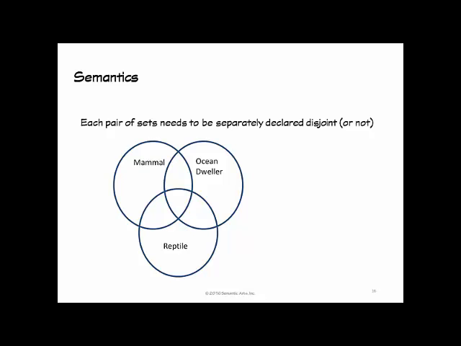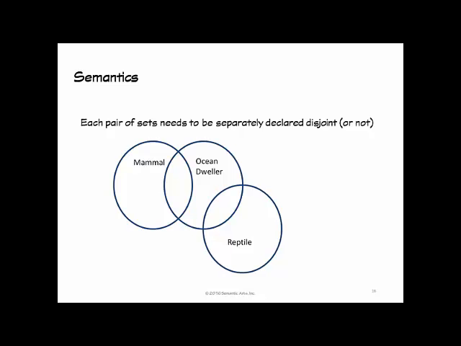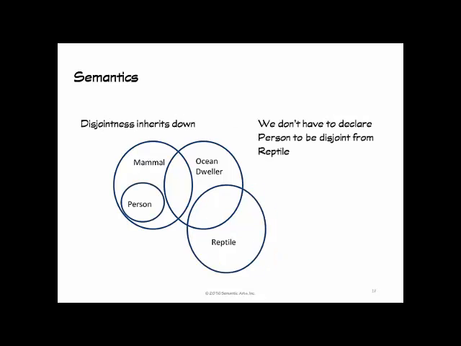So there's one evaluation that says, can mammals overlap with ocean dwellers? And then we consider reptiles. Well, what we know about reptiles is that they're disjoint with mammals, but they're not necessarily disjoint with ocean dwellers. You have to go through pretty much every pair and say which set cannot overlap.